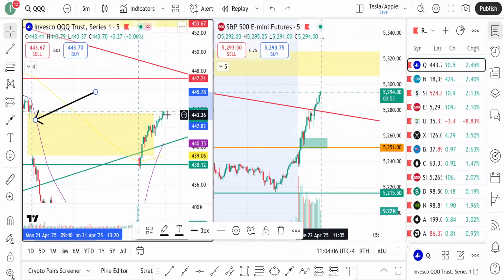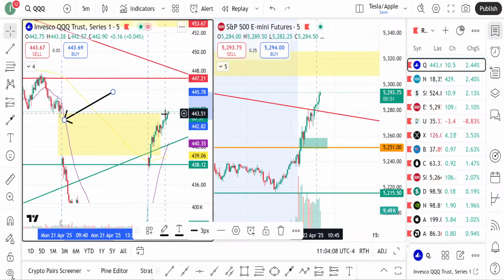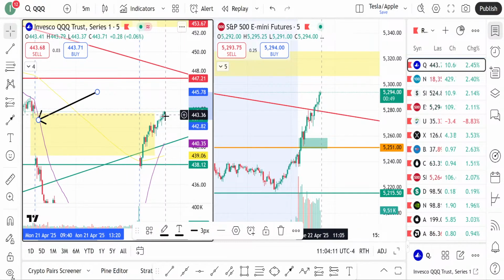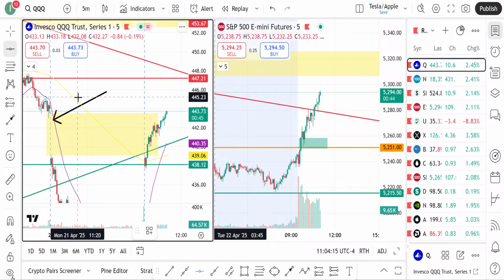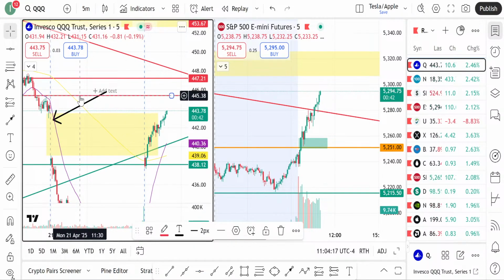So if you're still on buys, just be aware where you're at. We have resistance here as well, 445.38.